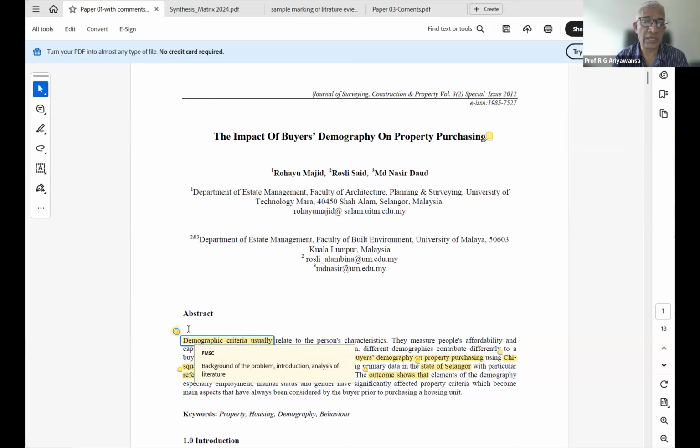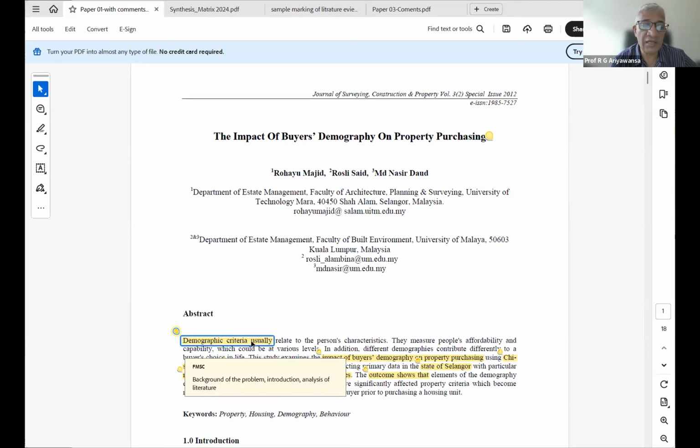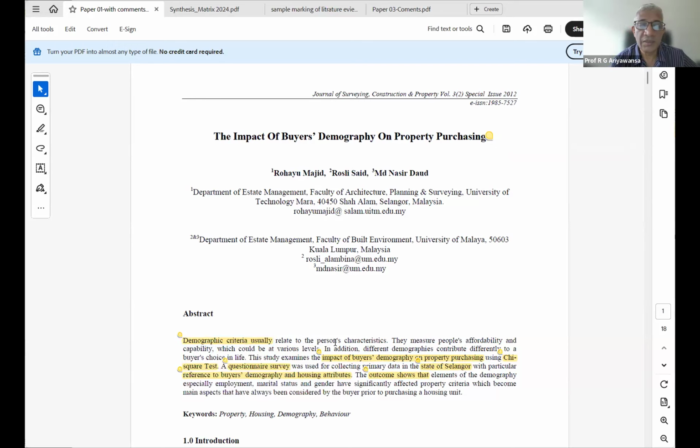And if you go through the abstract of this particular article, it's a very short abstract. Abstracts are sometimes very short, sometimes larger than this. It depends on the guidelines of the particular journal, right? So it starts with: demographic criteria usually relate to the person's characteristics. That is how these particular authors have defined it.